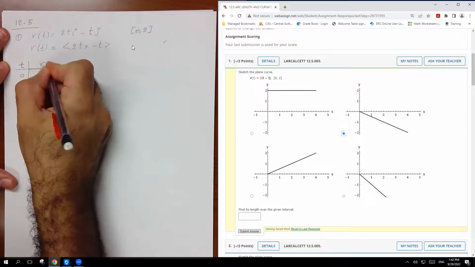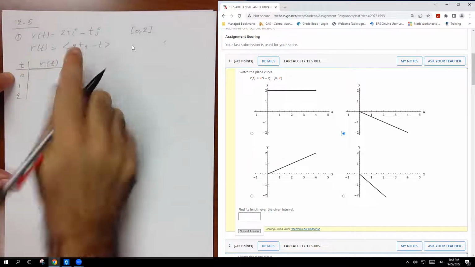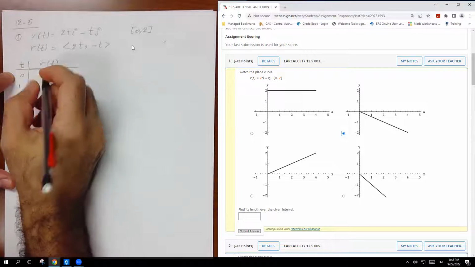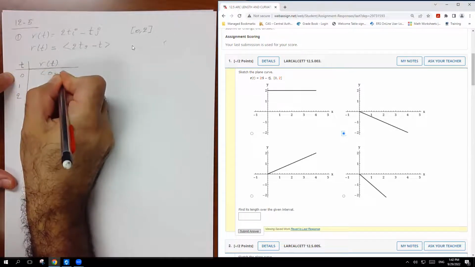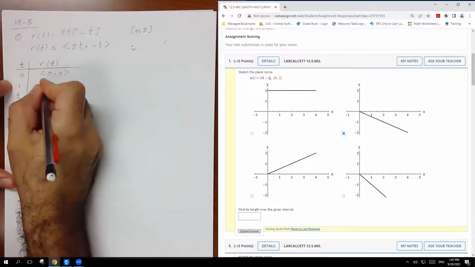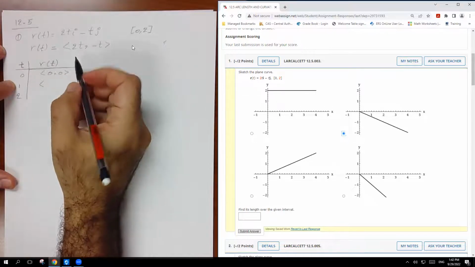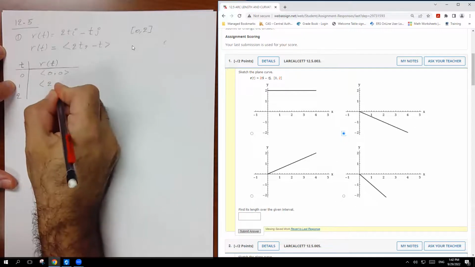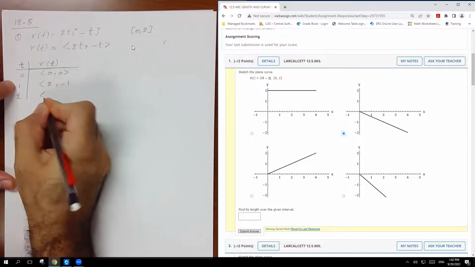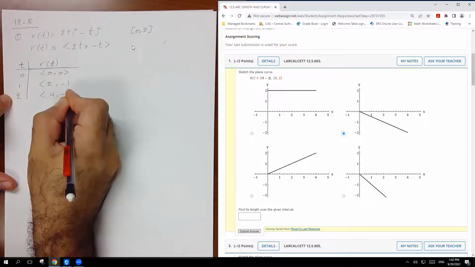Here is r of t. Plugging in, the first point is 0, 0. The second point, plugging in 1, is 2 and negative 1. And the third point is 4 and negative 2.